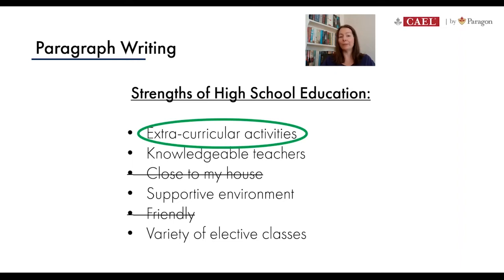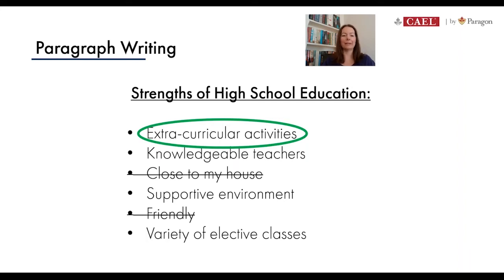So I'm just going to go with this idea at the top, extracurricular activities, because I find it the most interesting and I think I have the most to say about that. So I'll make that the focus of my paragraph for today. This whole process, the idea of reading over the question, listing down some possible ideas and selecting one, this should not take you any more than a minute.